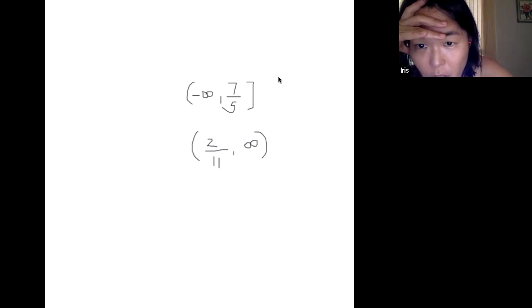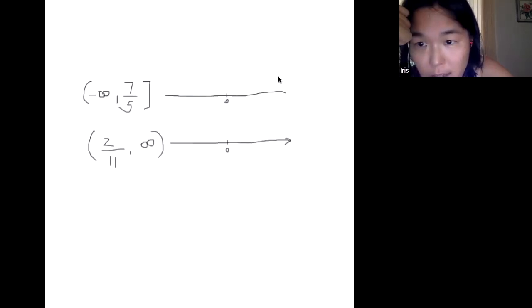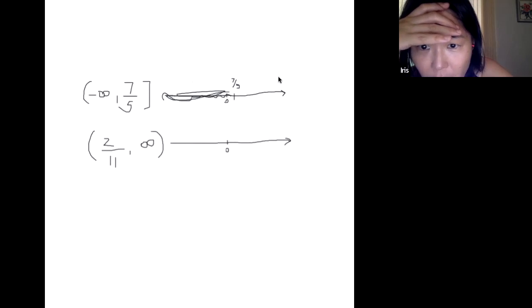This is what I used to do when I was a student, because at least it helped me. I don't know if it's going to help you. I'll have a 0 here and I'll draw them on the line like this, with numbers going up always to the right-hand side. Let's say 7/5 is here, and x could be all these numbers that are smaller. Then 2/11 is somewhere here, and x could be greater.